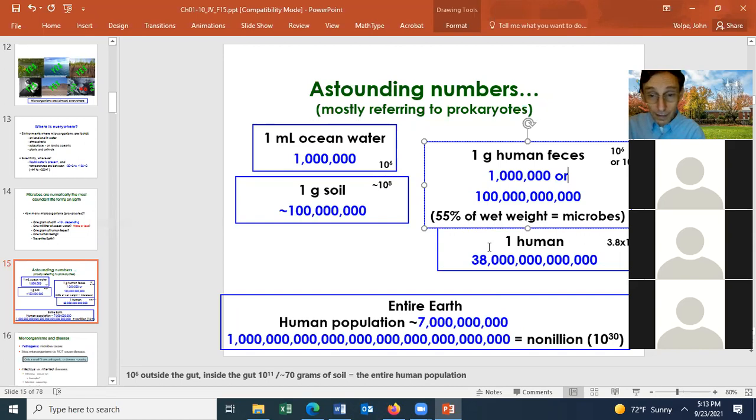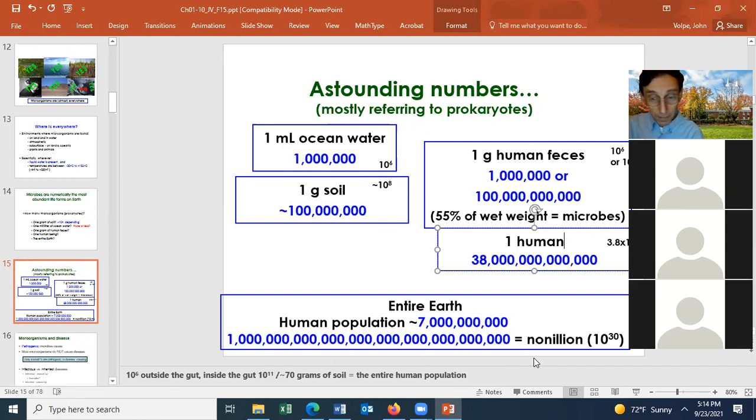This one is of interest, and that is, how many microbes do you find on your average human? It's 3.8 times 10 to the 13th microorganisms, which are cells. And that's an astounding number of microbes on each person. Now, obviously, this is your average person. A child is smaller, for example, so they'll have a little bit less, but it'll be around that number. On the entire Earth, if anyone is curious, there is around 1 nonillion.